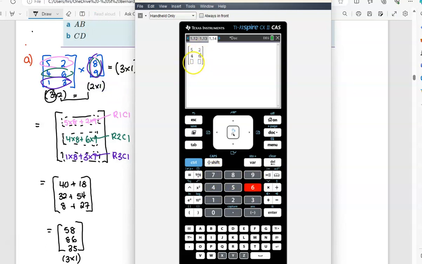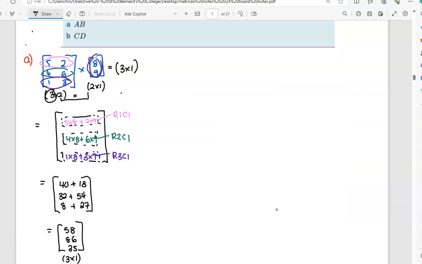Then I want to multiply it with a 2x1. There's a quick key for that one, and I pop in 8 and 9. Check, was I correct? Yes, so that's good. So I'm off and running.